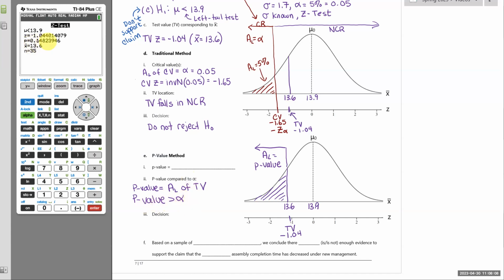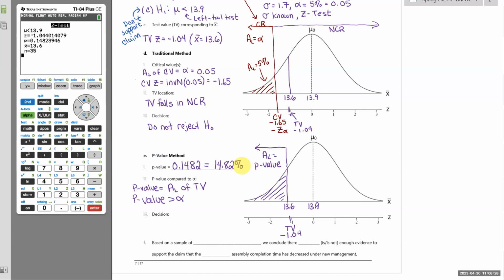So the calculator does the p-value method. So it's going to give you your p-value. And again, it's short for probability value. So that's why I like to write it as a percentage as well. So 14.82%.